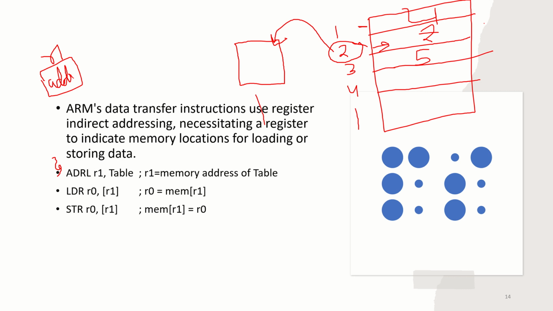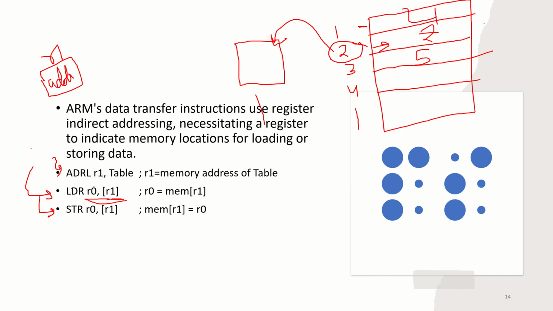Now these statements, LDR and STR. LDR means load register and STR means store register. These are very common instructions in various microprocessors and microcontrollers. So what is LDR R0, in brackets R1, doing?